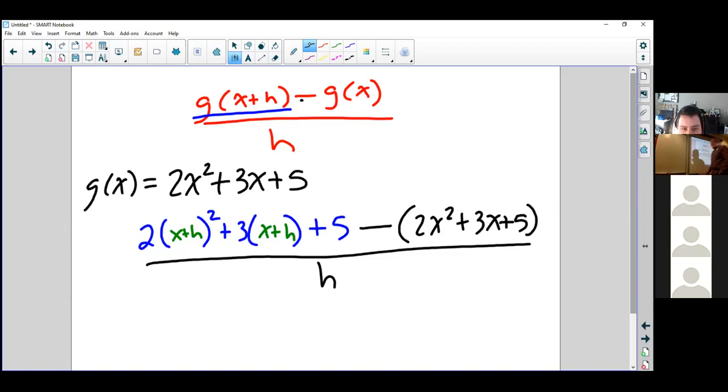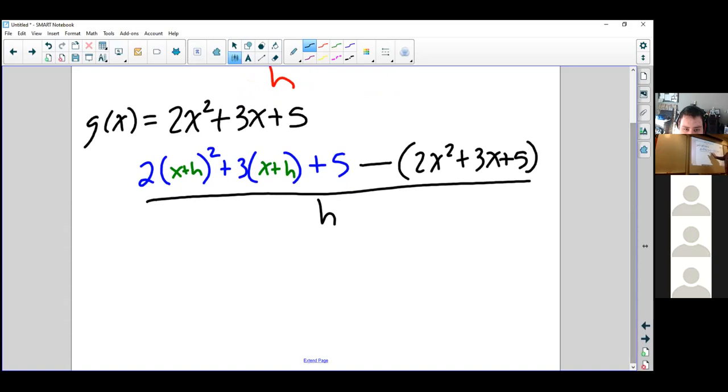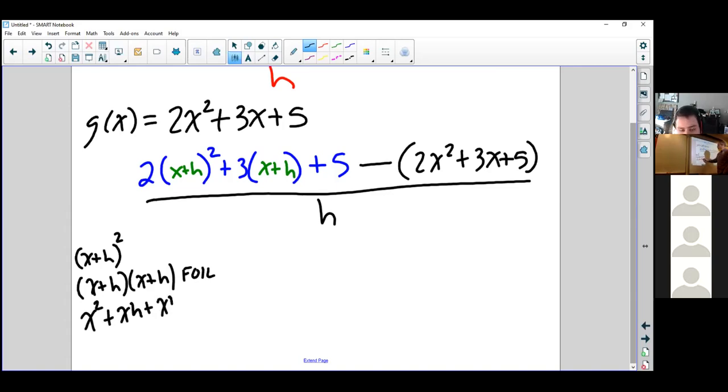All right, so now this is where you kind of have to understand how some algebra works. So I'm going to take x plus h squared, which is the same thing as x plus h times x plus h. I'm going to FOIL this out. So I'm going to get x squared plus xh plus xh plus h squared, which means that's x squared plus 2xh plus h squared.